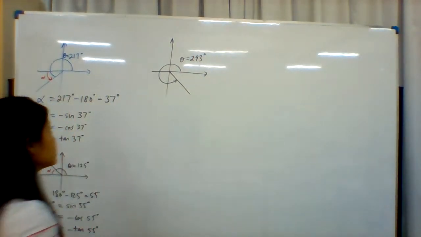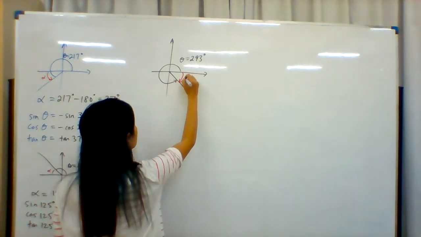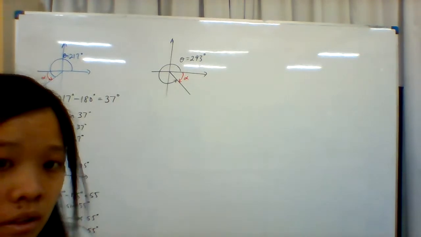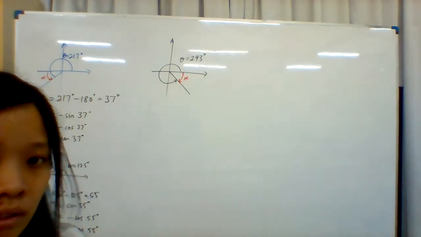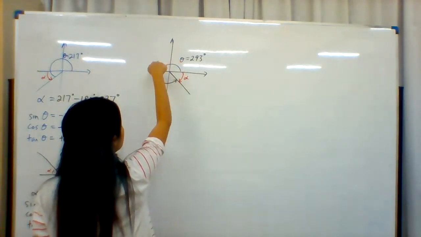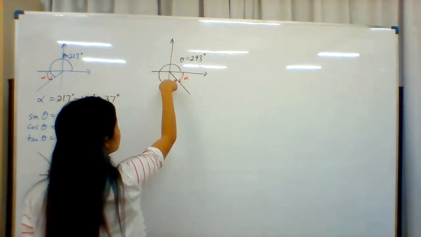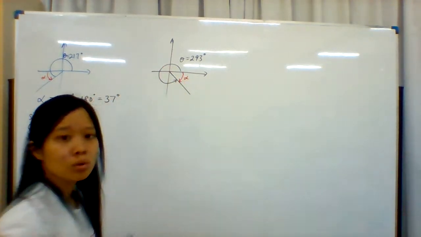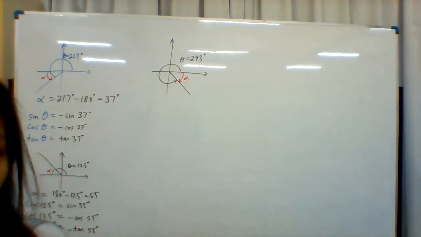Right? And then your basic angle will be here. So to find your basic angle, remember? It's in the fourth quadrant. Remember, because here is until 90, here is until 180, here is until 270, therefore 293 is more than 270, therefore in the fourth quadrant. Okay or not?